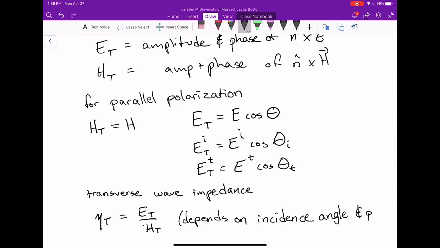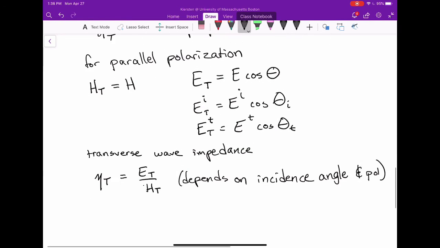And on the polarization. But for parallel polarization, you can have a transverse impedance in medium 1 that is eta 1 cosine theta I, and in medium 2, the transverse impedance becomes eta 2 cosine theta t.